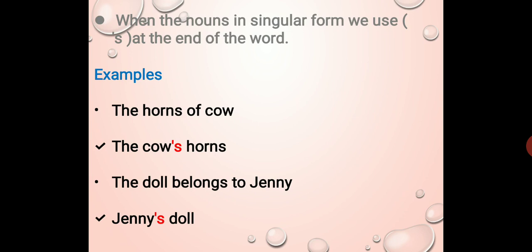Okay, but when the noun is in a singular form and ends with s, whenever this kind of possibility is there, we use again apostrophe and s to them to show their position. Okay, let's move on.